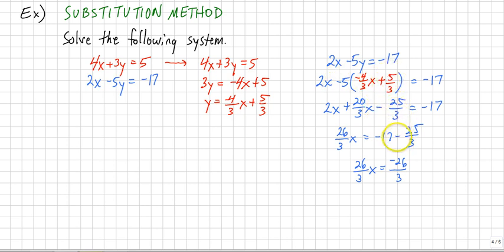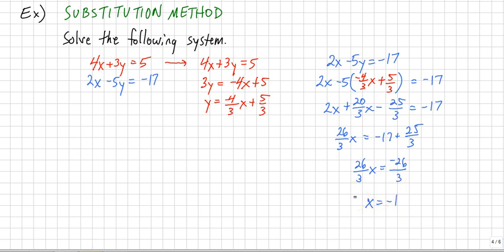So I'd be adding that to the other side. So be careful, that should be minus 25/3, and I'm going to add that to the other side. And then I'm going to divide both sides by 26/3, and x will be negative 1. So there's the negative 1 that we found earlier.